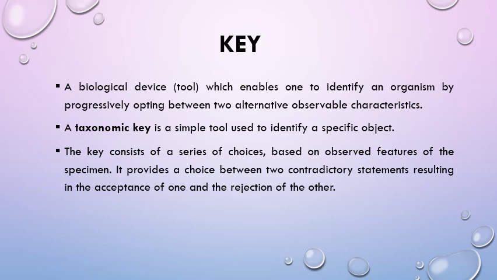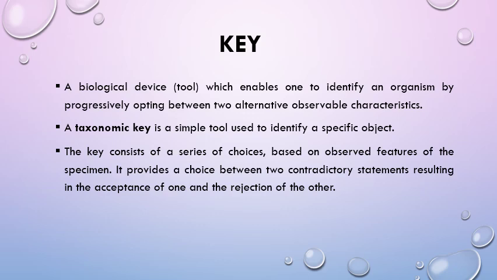The key consists of a series of choices based on observed features of the specimen. It provides a choice between two contradictory statements, resulting in the acceptance of one and rejection of the other. As I have just told you, a key is something in which we make a series of choices, statements or characteristics. Those choices and statements are observed features of the specimen which we want to identify.